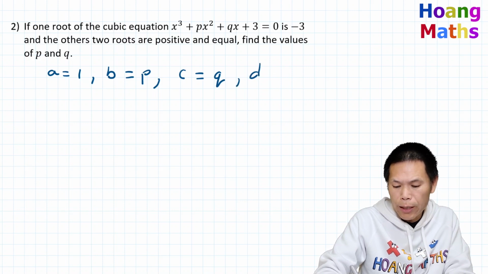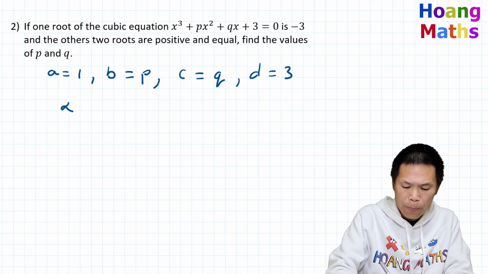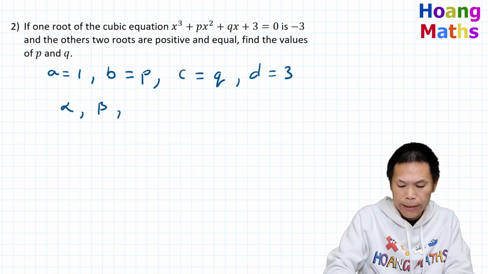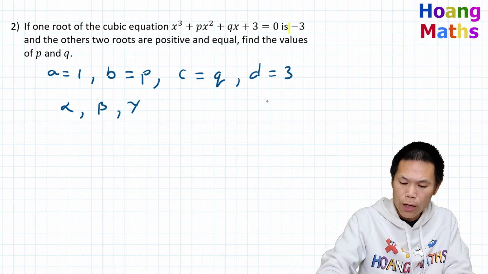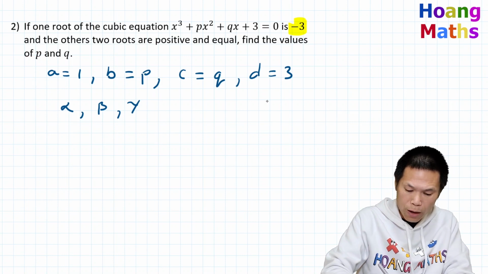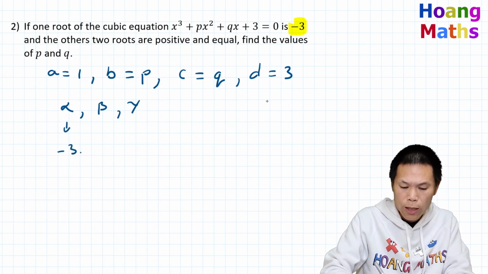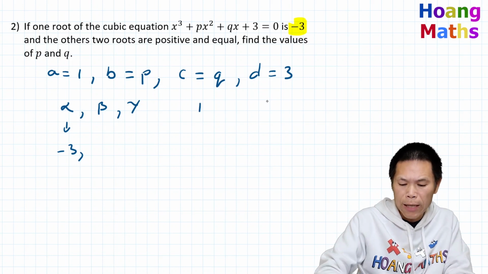And d is the constant, that is 3. And there are 3 roots, alpha, beta, and gamma. However, we know that one of the roots is negative 3. So let's say alpha equals negative 3. So this alpha here is negative 3. And the 2 other roots are equal. So this means that beta is equal to gamma.